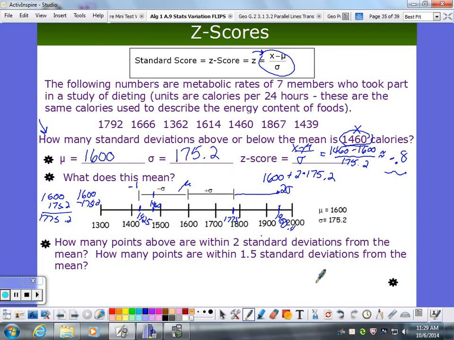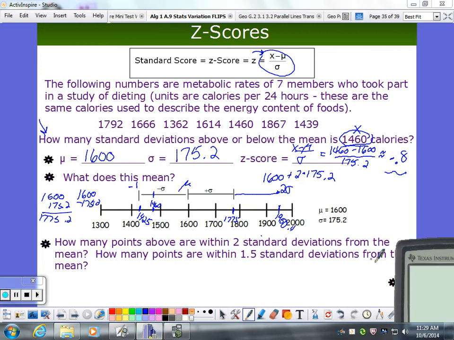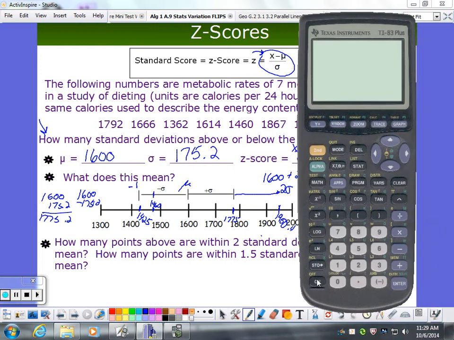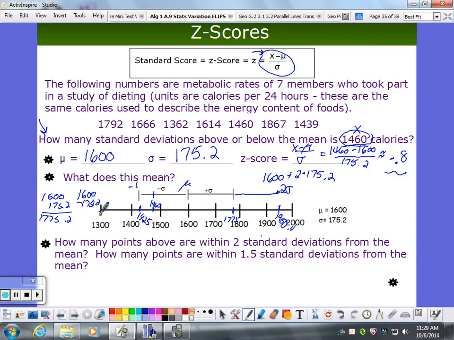This is the expensive calculator. Where's my little free one of these? So 1600 minus 2 times 175.2. I'm saying your mean minus 2 sigma. 1249.6. It's over here someplace, and that would be 2 standard deviations.